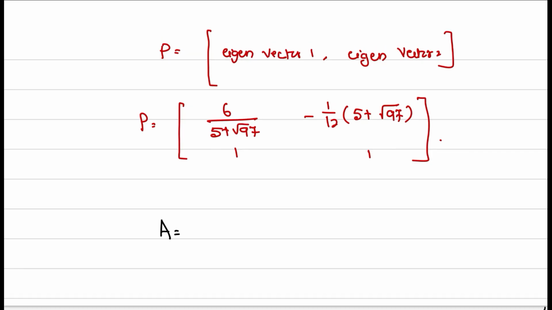A is equal to P inverse AP. For the above matrix, you can find out P inverse very easily. It's a 2 by 2 matrix. Find out the P inverse, and here it is P inverse DP, and you will get the value of A.